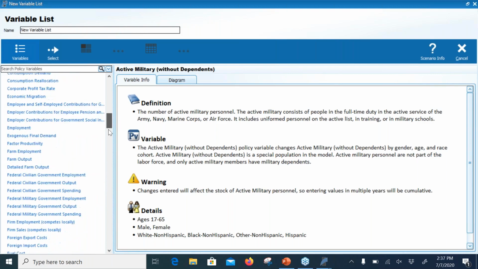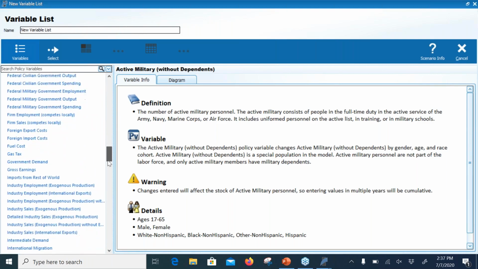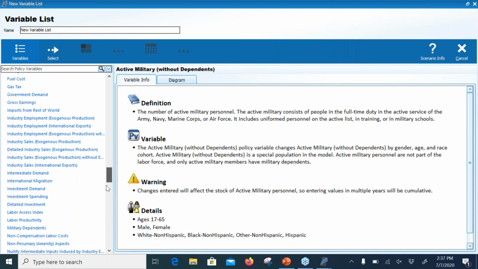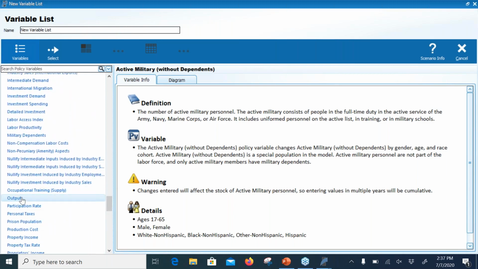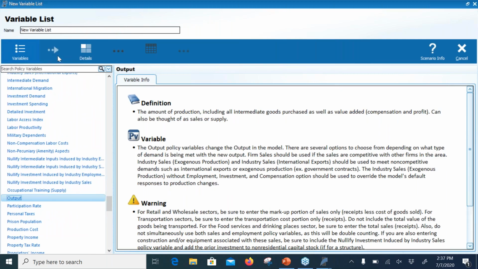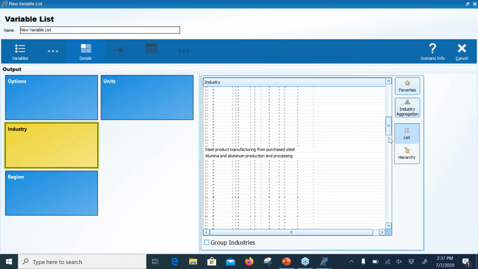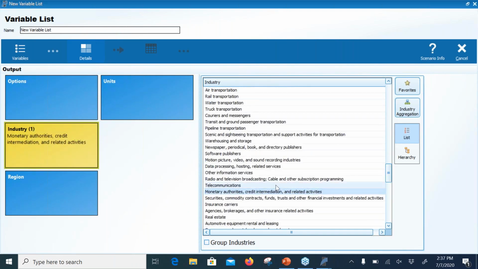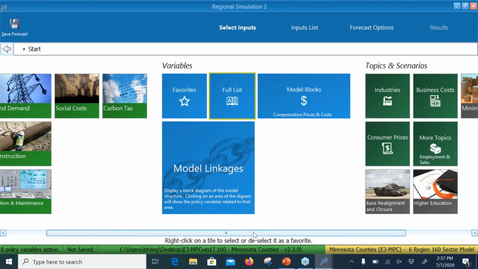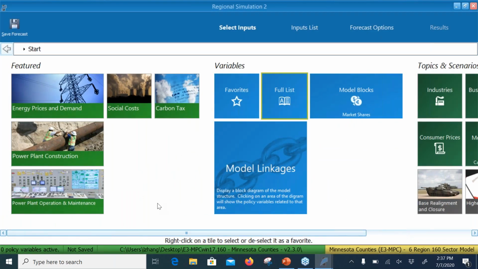Employment, we have fuel cost, we have gas tax, we have industry employment, we have outputs, and in output, we can look at outputs by all these different industries, or you could group industries depending on how you like. So you really have a lot of flexibility in policy analysis in E3+, or in any of REMI software.